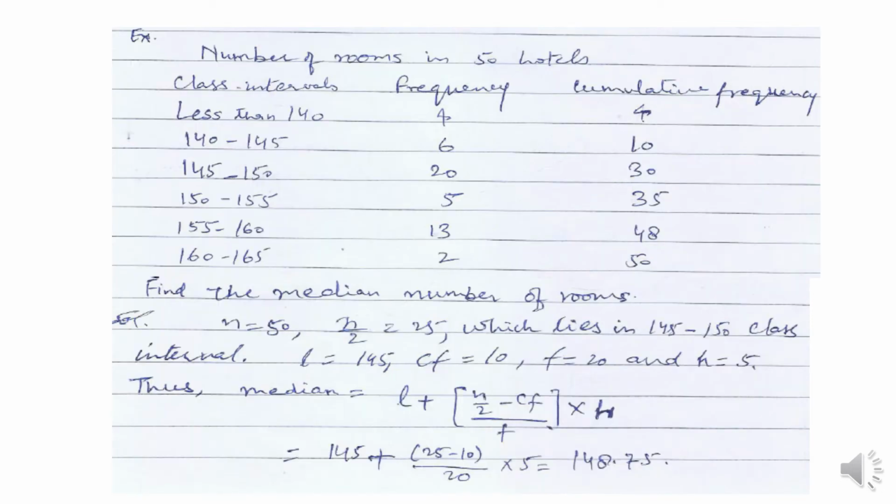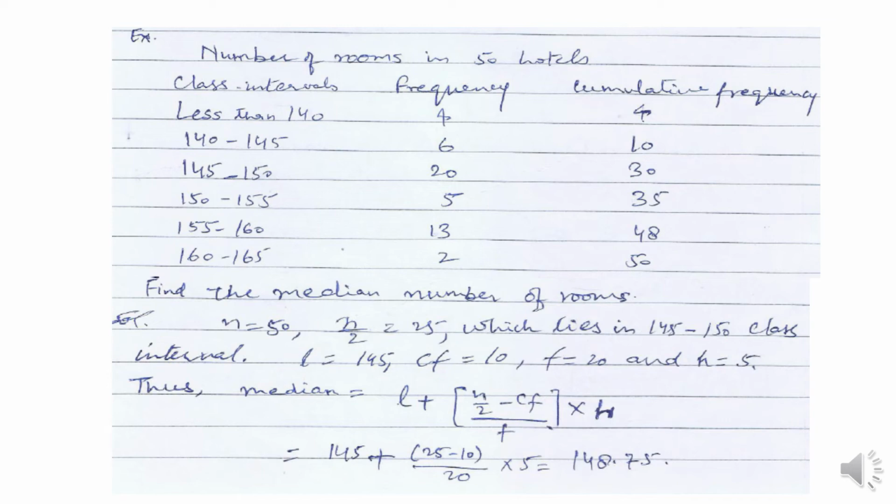So here we have an example of median. The number of rooms in 50 hotels has been given, and this is less than 140, 140 to 145. This is the interval that has been given. The frequency for less than 140 is 4, 140 to 145 is 6, like this.